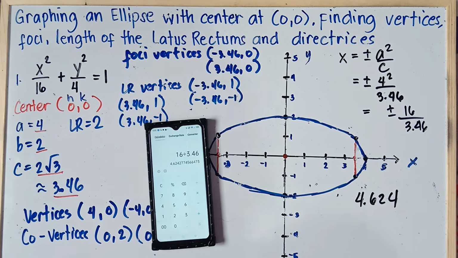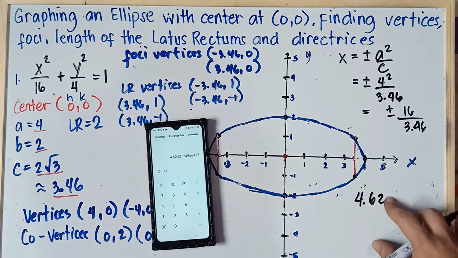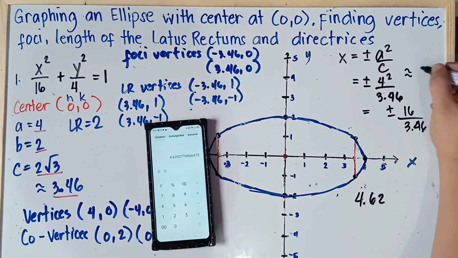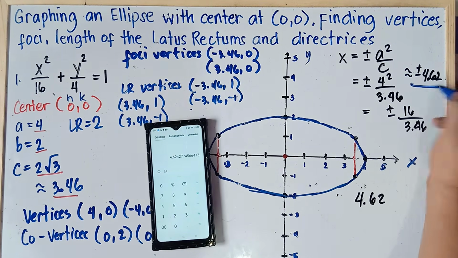So 4.624. Okay, 4.624 after 2, that is 4, so round down, 4.62. Alright, so this is approximately positive negative 4.62. That's it, class, all set. And this will be our directrix 4.62.